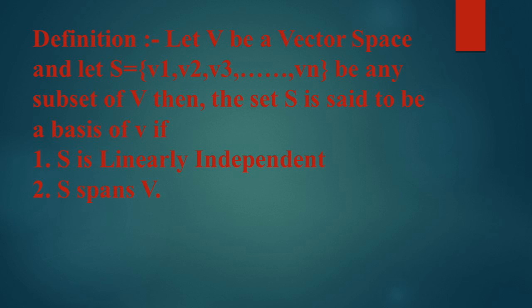We already discussed linearly independent sets, so to be a basis of a vector space, the set should be linearly independent. The second condition is that S spans V. S is the linear span of V, which means every vector of V can be expressed as a linear combination of the vectors of S.